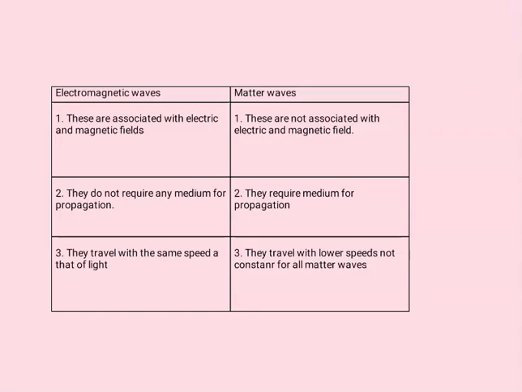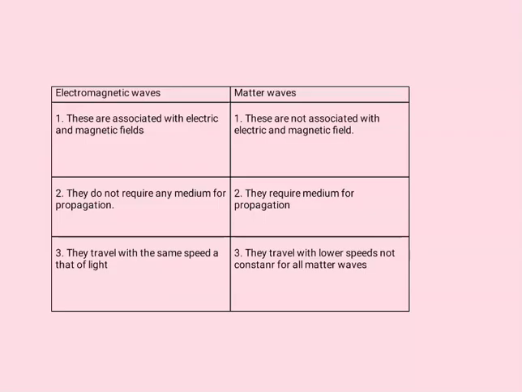Light doesn't need any medium for propagation. But matter waves, for example sound waves, require a medium for propagation. Electromagnetic waves travel with the speed of light, but matter waves travel with lower speeds, which are not constant and are different for different matter waves.